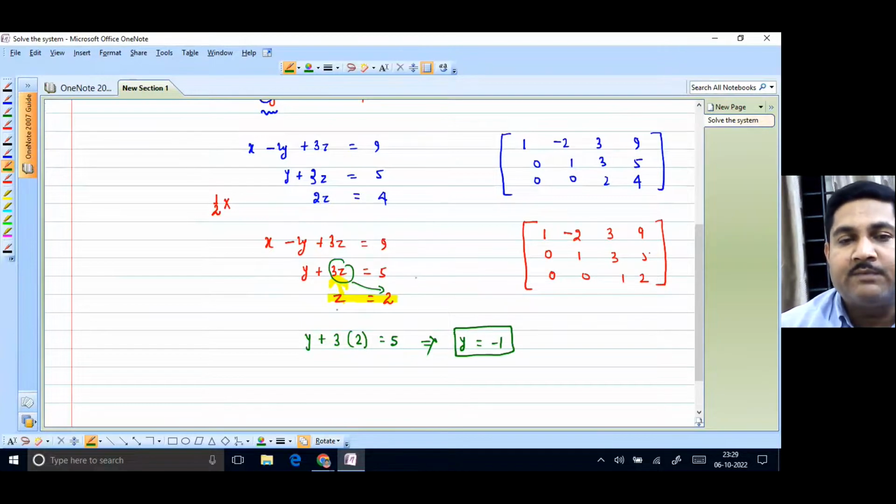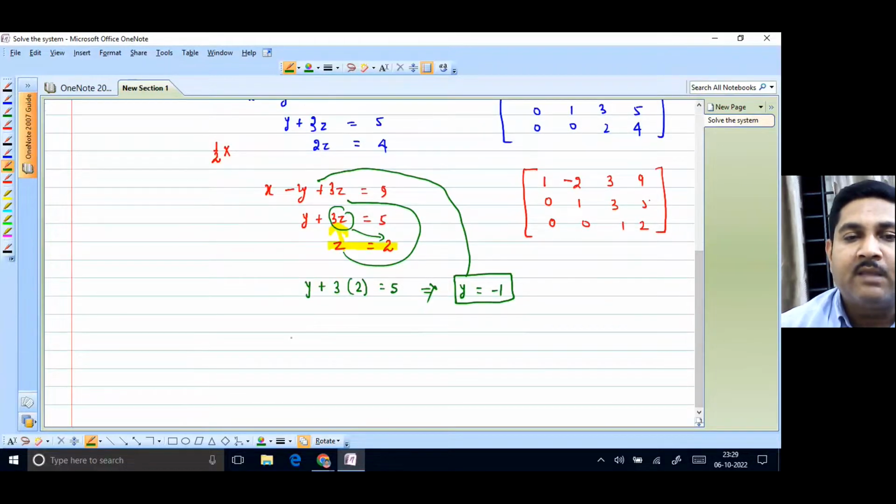Now I will substitute the value of y and the value of z in the first equation in order to get x. So I write x minus 2y, with y as minus 1, plus 3z, with z as 2, equal to 9. So x minus 2 into minus 1 is plus 2, plus 6, equal to 9, and from this you can see I am getting x equal to 9 minus 8, that is 1.